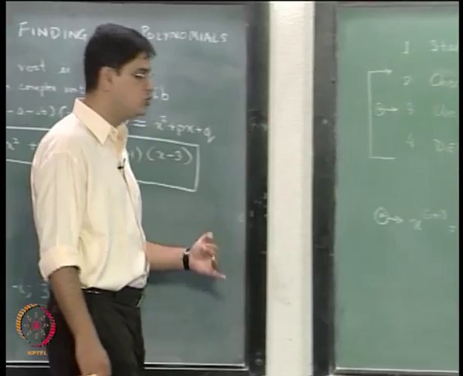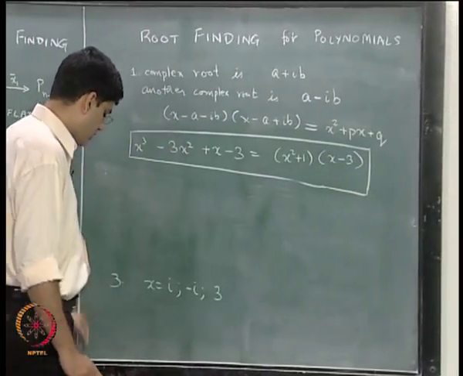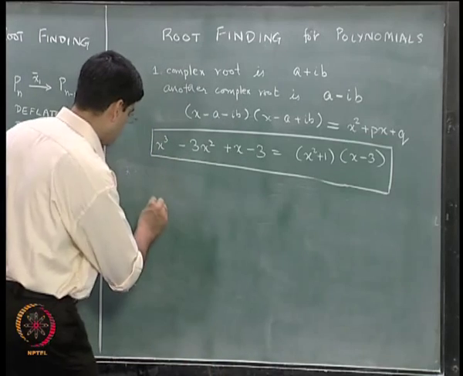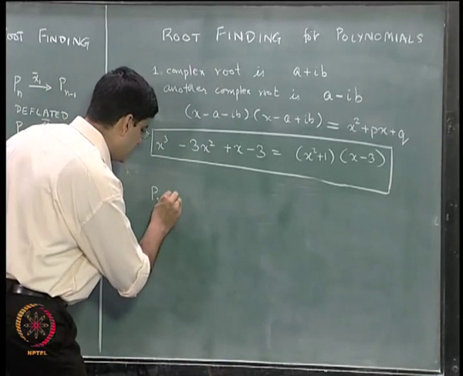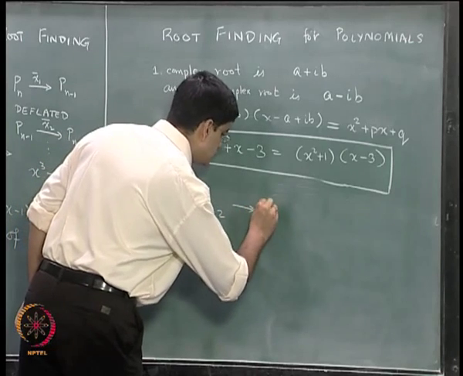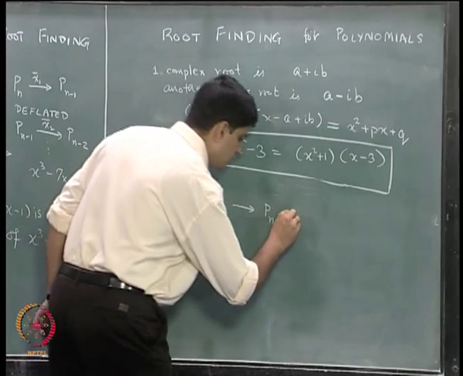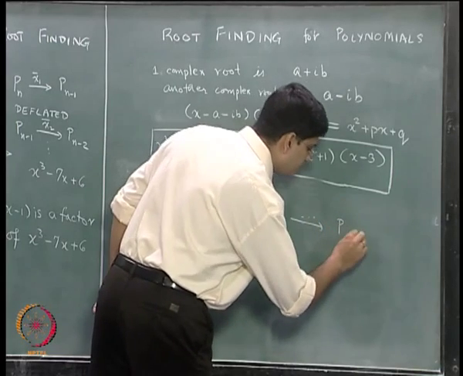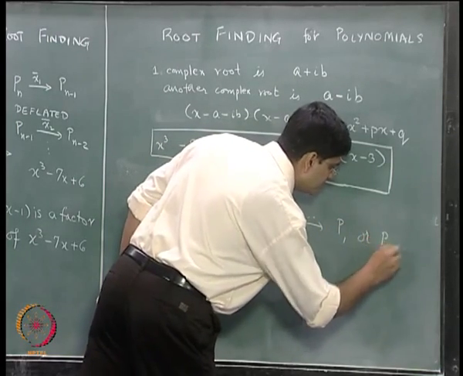What we are going to do in our new method is deflate the polynomial from Pn to Pn minus 2, from Pn minus 2 to Pn minus 4, and so on until you are left with either P1 or P2.